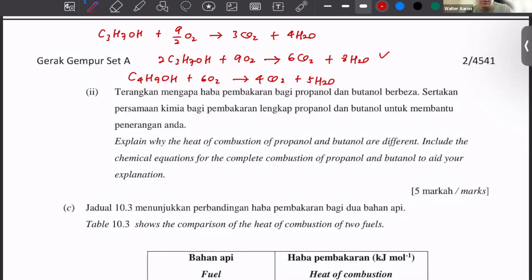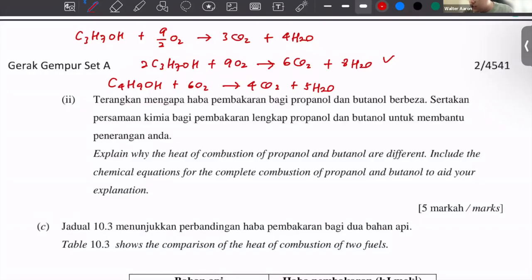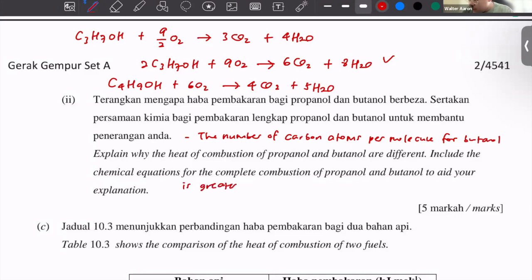All right, so explain why there are technically higher heat of combustion for the butanol compared to propanol. So you can talk about the number of carbon atoms per molecule. Okay, so you say here the first one, the number of carbon atoms per molecule for butanol is greater than propanol.